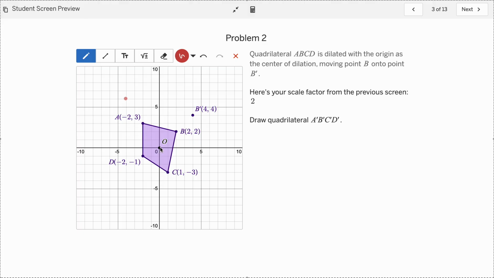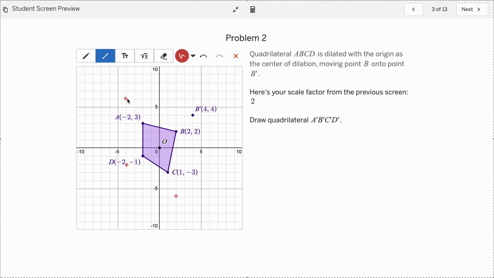And then the same with D, I go over 2, down 1, so I'm going to go over 2, down 1 one more time. D is right there. C, I have to go down 3 over 1, so I'm going to go down 3 over 1 once again, and there is C.